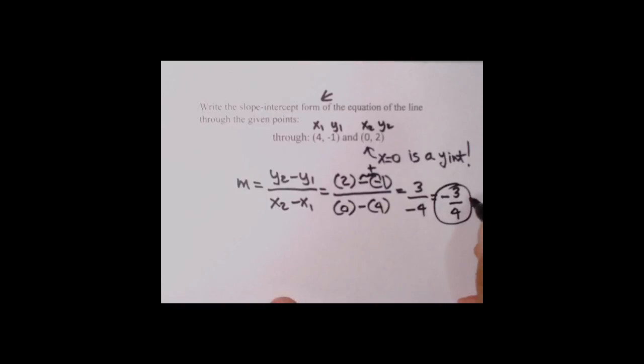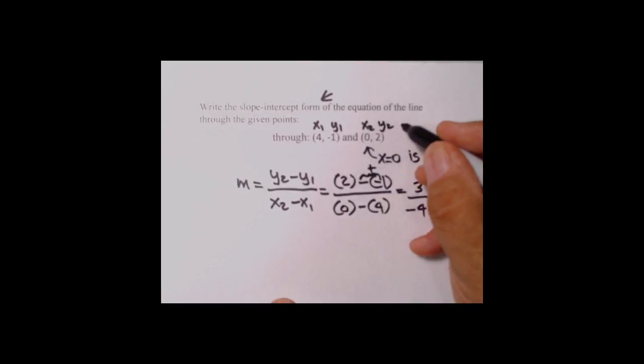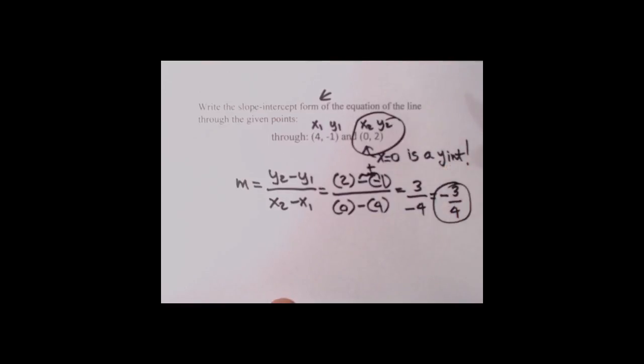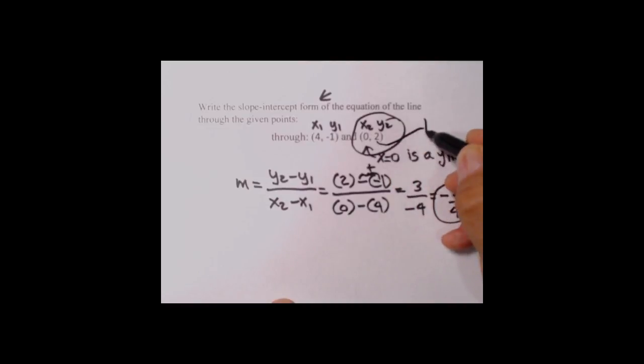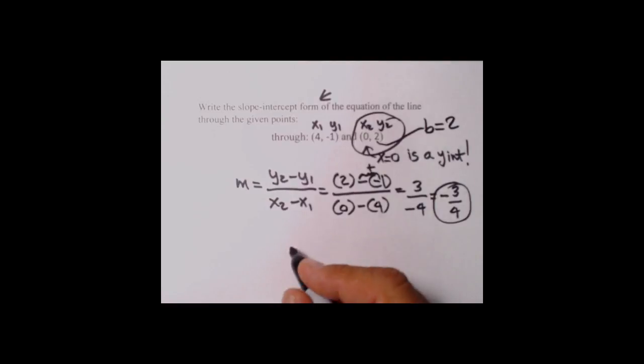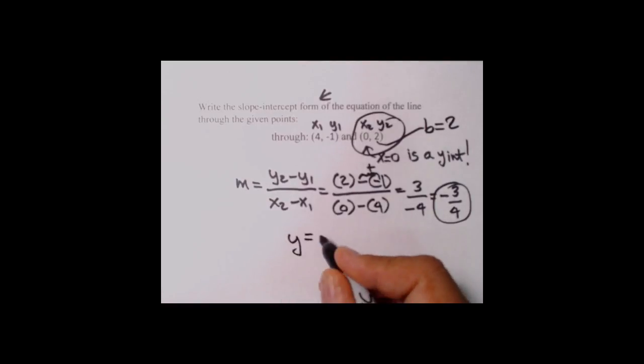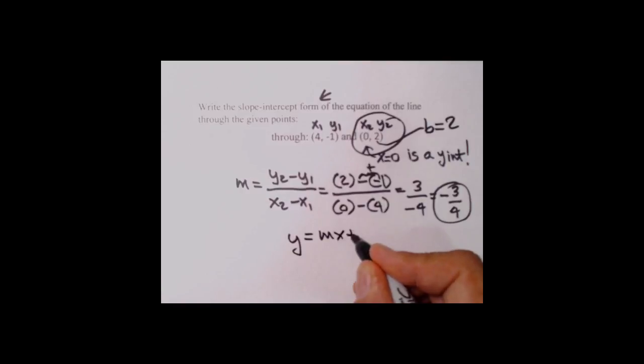Now, notice, as we said, this guy right here is a y-intercept. We know that because the x is 0. So let's not toss that little gift away. And so that being the case, then that means 2 is the b value in the equation. Now remember, slope-intercept, y equals mx plus b.